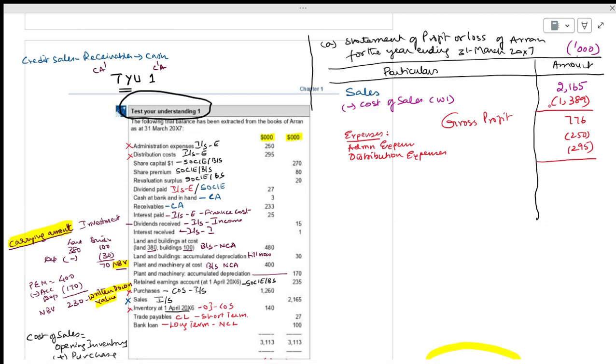Okay, this one is there. Administration and distribution, once we have done this, only these two will come. Then you will get operating profit. Follow these things. How much is the operating profit, Hussein? 776 minus 250 minus 295.